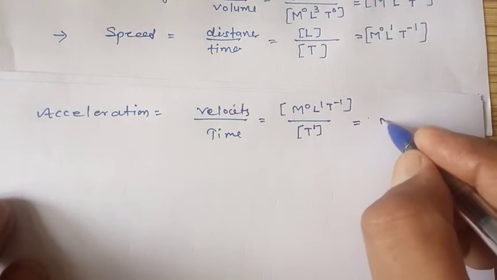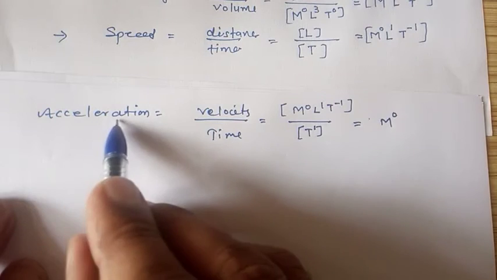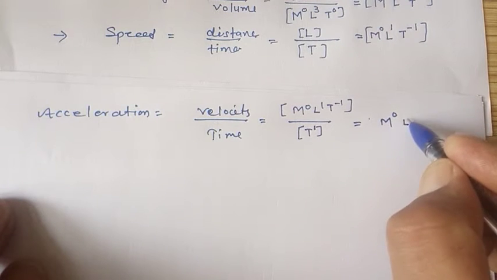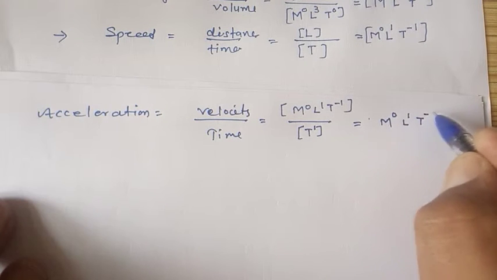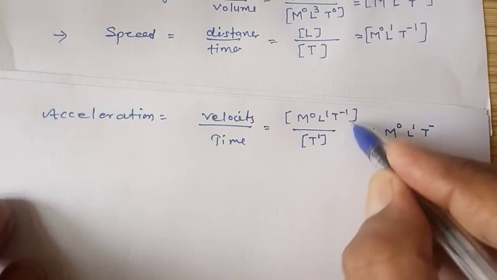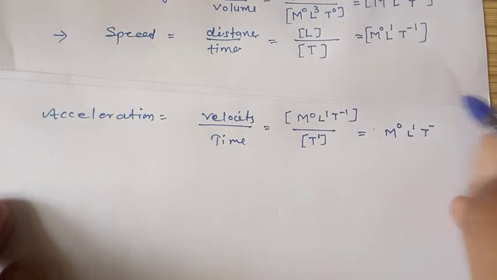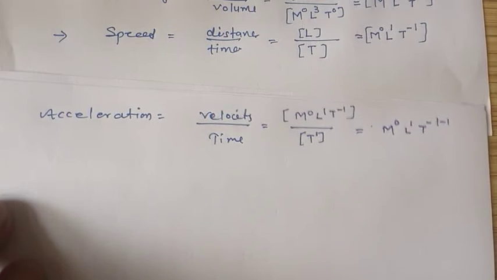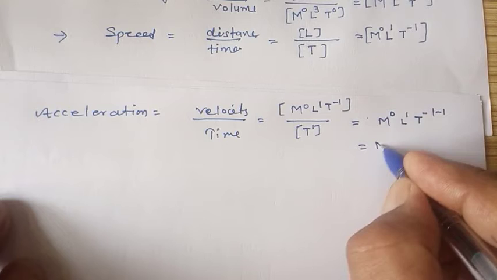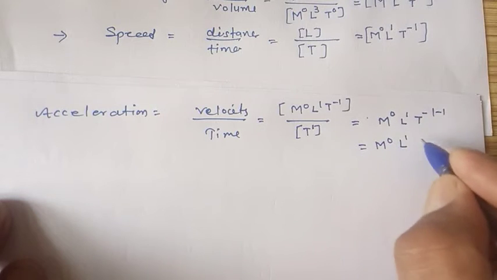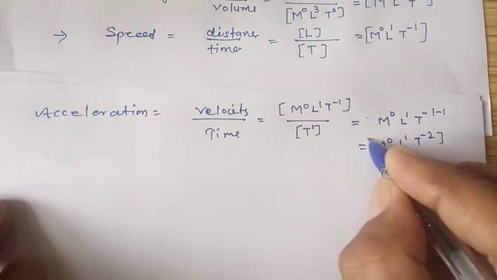So now the dimension formula of acceleration: M power 0, L power 1, T power minus 1, and this power goes upstairs, so minus 1 minus 1, that is M power 0, L power 1, T power minus 2.